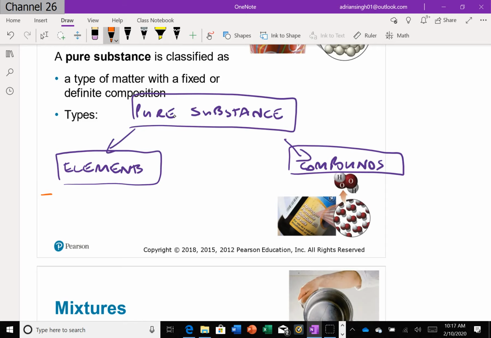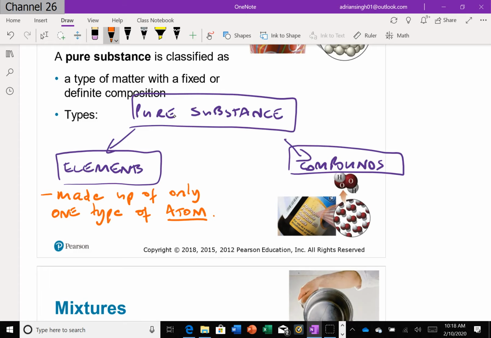Well, an element would be an example of a pure substance that is made up of only one type of atom. Right? We haven't talked about the word atom yet, but this is the basic building block of everything around us.